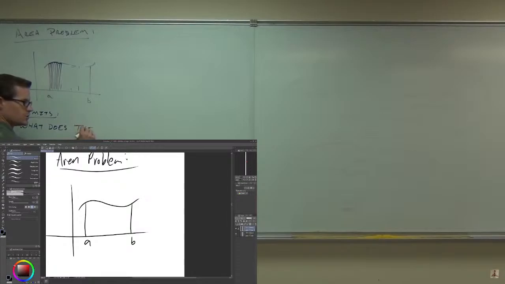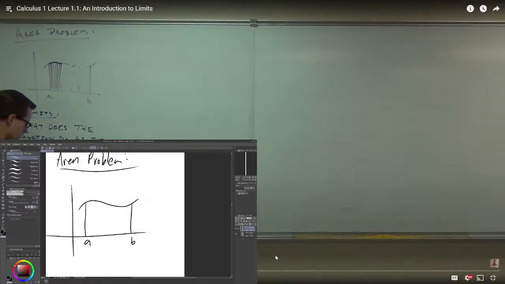What does the function do as the variable approaches a given value? That's the question.